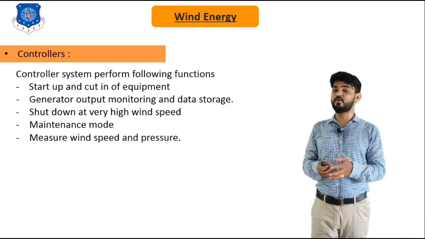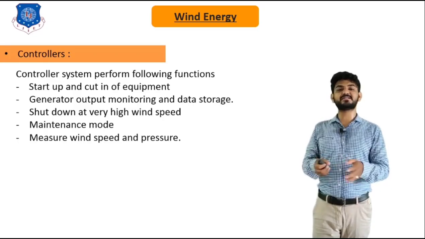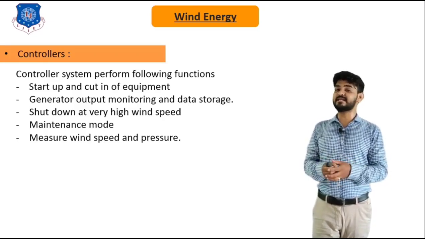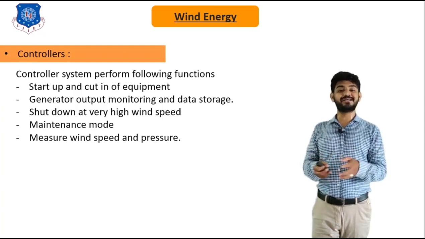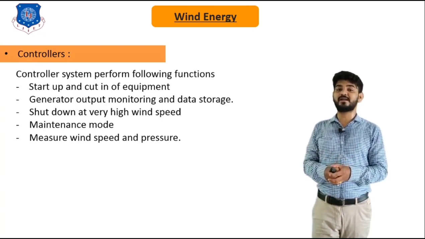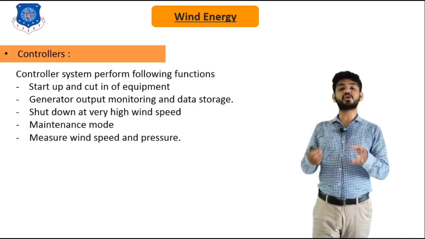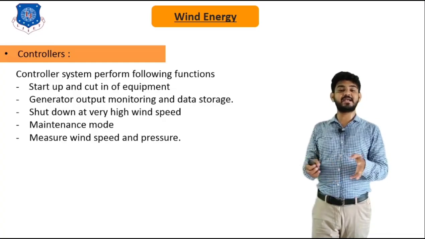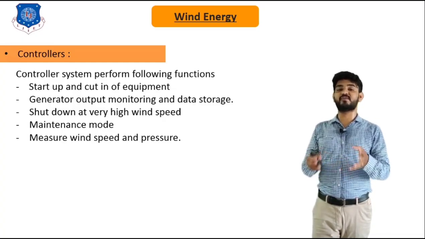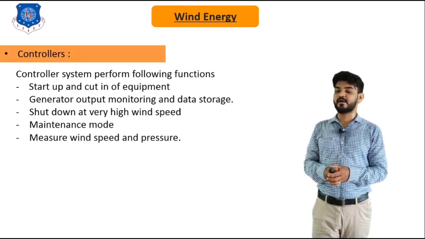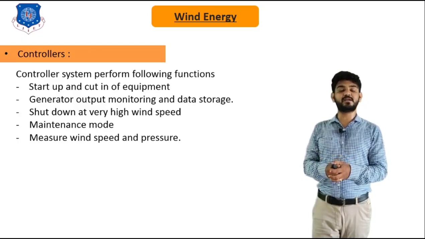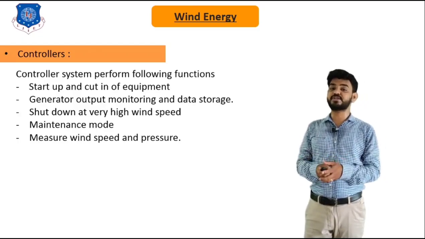Whenever wind blows at very high speed, it is very risky for the wind energy conversion system and it may get damaged or destroyed. So, the controller sets the upper limit of wind speed and cuts off the plant so that no damage is taken by the wind energy conversion system. Then it has the maintenance mode, and lastly the controller measures the wind speed and wind pressure.